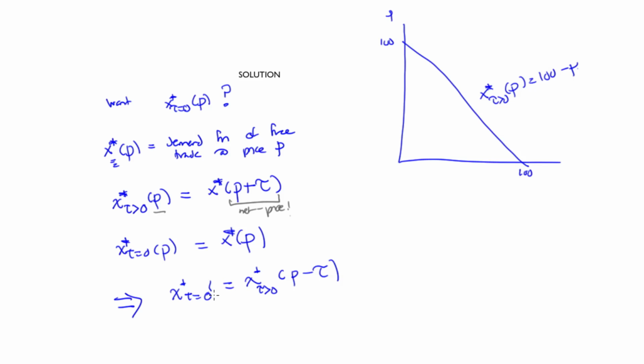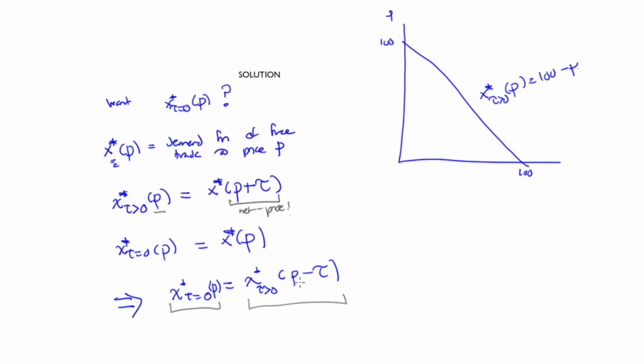In other words, at P, the consumer is willing to buy, when the tax is not there, the same amount that he was willing to buy at a market price that was tau units lower than the market price here.